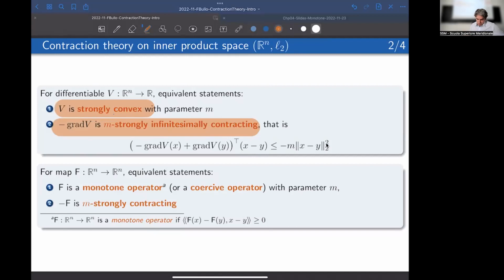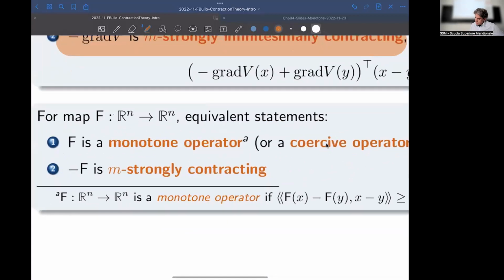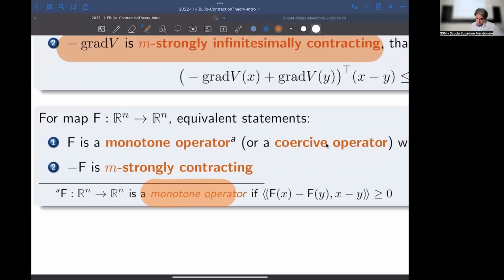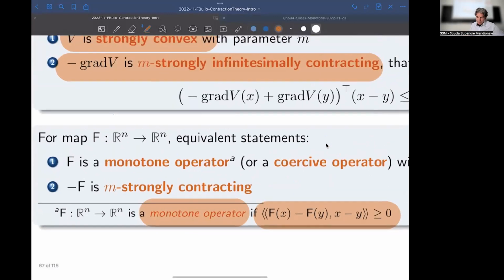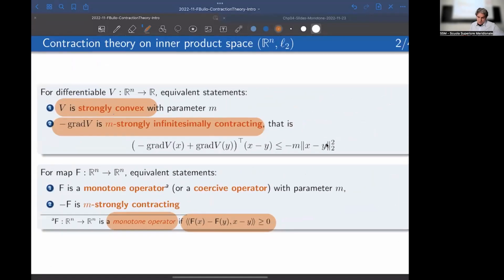It turns out that an operator is monotone if this inner product is greater than or equal to 0. In fact, monotone operators are generalizations of convex functions. And so another equivalent statement that I want to put in your mind so that you remember, you may never use it, is that, again, being strongly contracting and being a monotone operator are the same modulo a minus sign. All right.